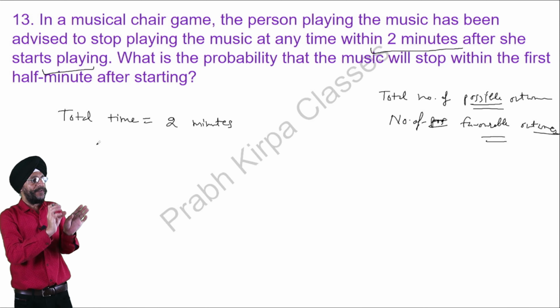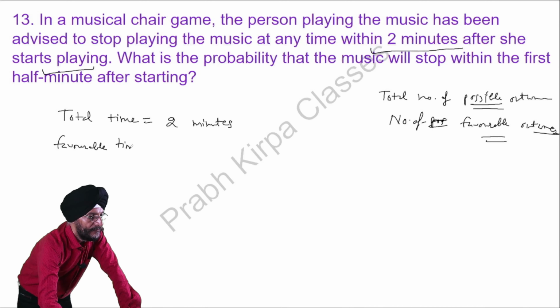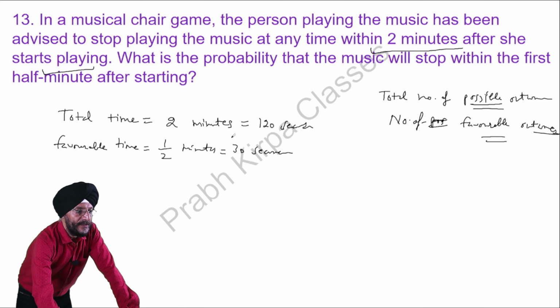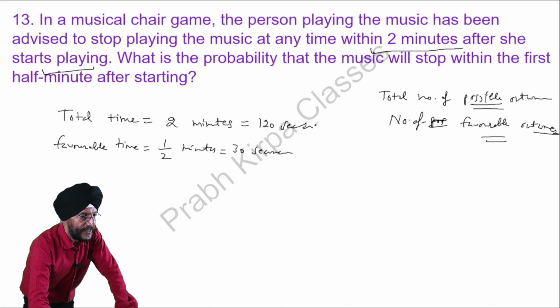So the favorable time here is half minute, which is equal to 30 seconds. Here we will take the total as 120 seconds, because 2 minutes multiplied by 60 will result into 120 seconds.